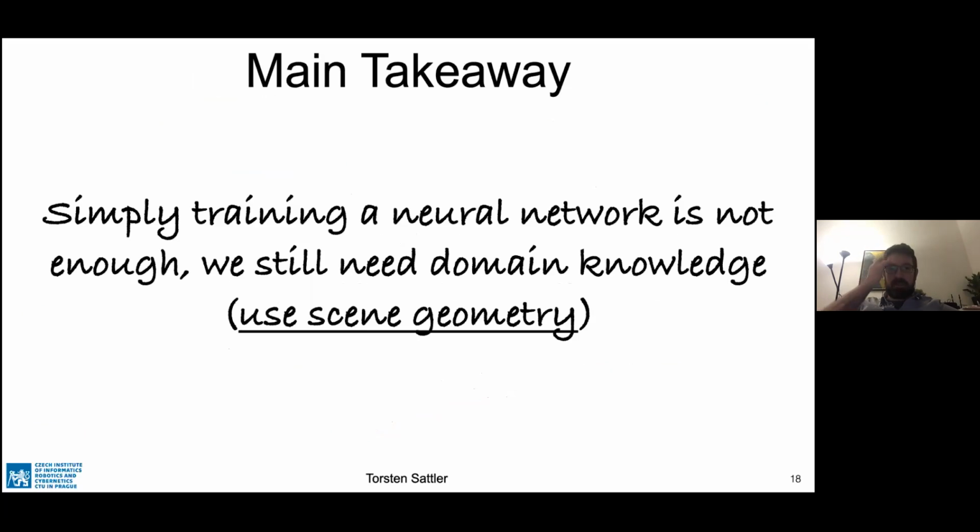So the takeaway here is that contrary to many other fields in computer vision and artificial intelligence, visual localization seems to be a field where simply training a neural network to predict the quantity that you're interested in does not seem to be enough. You still need some sort of domain knowledge that you need to incorporate in a meaningful way, and the domain knowledge here is encoding something about scene geometry.